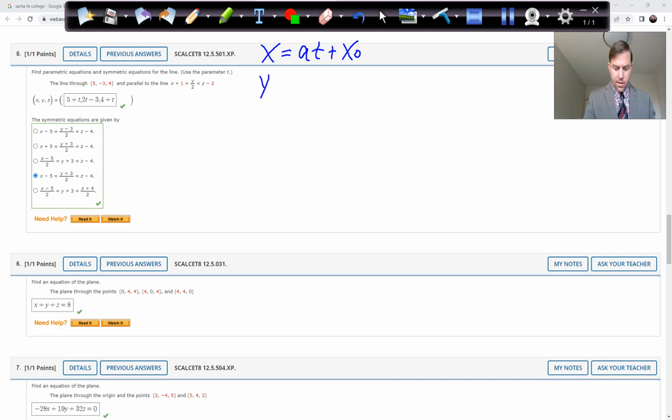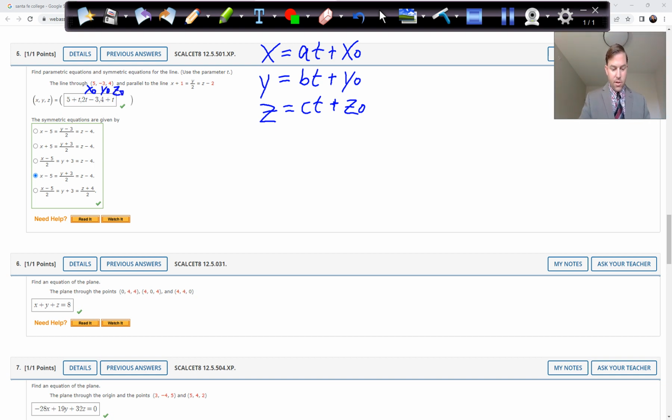And y equals bt plus y0. And z equals ct plus z0. And the x0, y0, and z0 come from any point. So this point 5, negative 3, 4 would be x0, y0, z0. So that's the point.